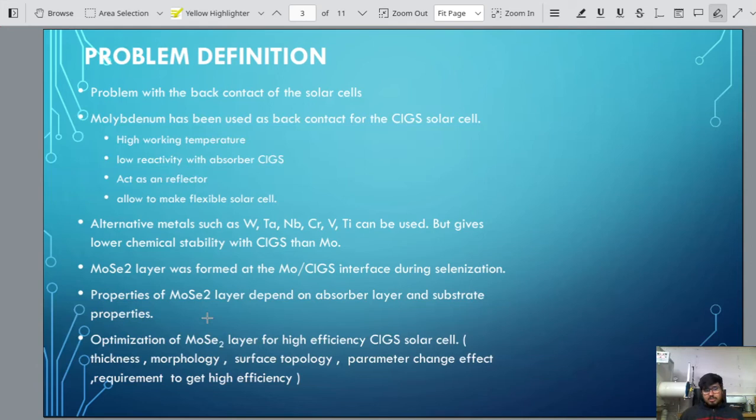Now, optimization of the MoSe2 layer for high efficiency solar cells, such as thickness optimization, carrier concentration optimization, or band gap optimization, is needed, so we can extract the highest power efficiency from the solar cell.